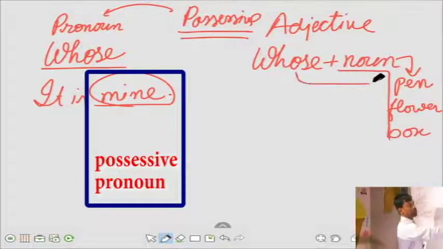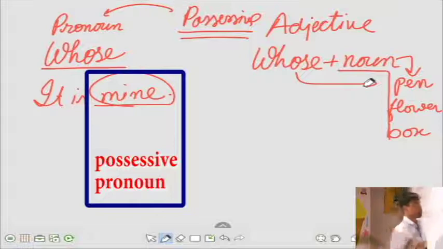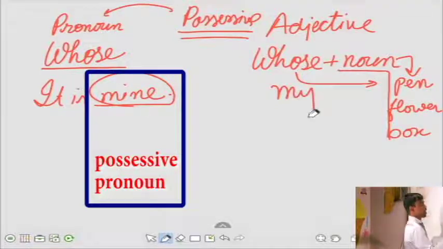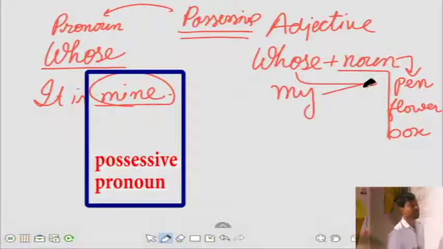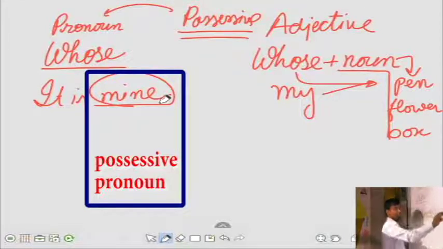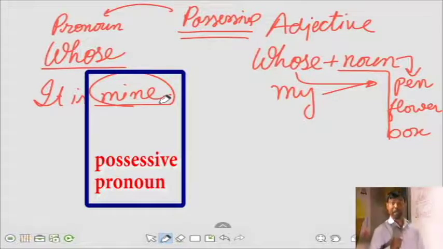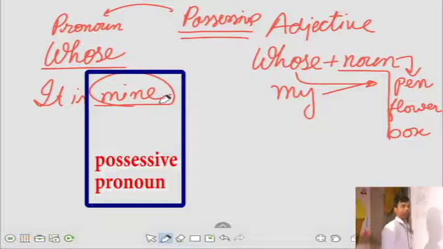So, whose pen? My pen. See the difference? Mine, my pen. Adjective. My pen. Possessive adjective.